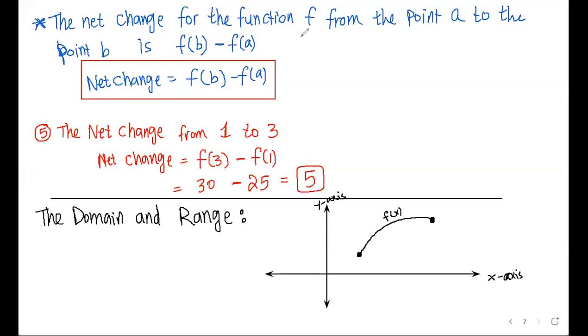So now from the graph, I can find the domain and the range. So the domain is the x values which are used for the function. So the x values starting from this point here until this point.